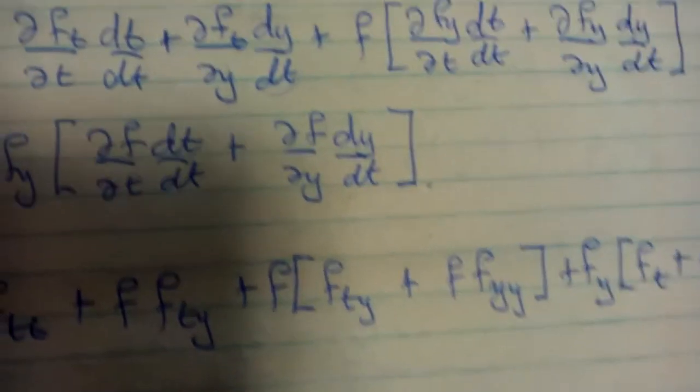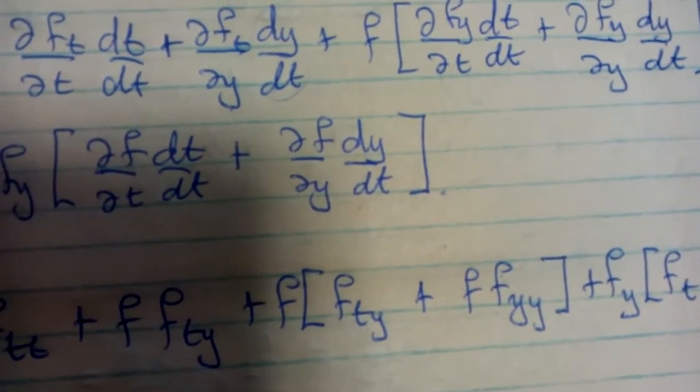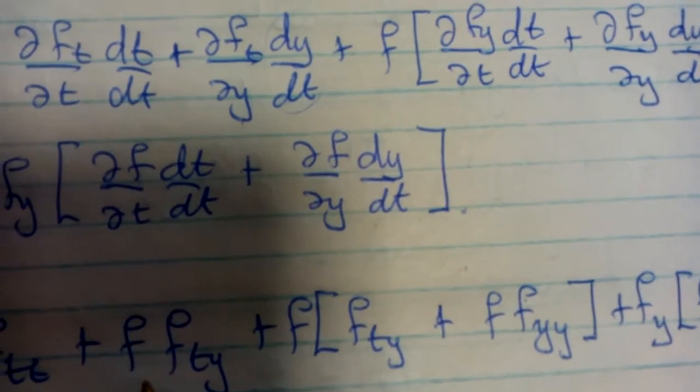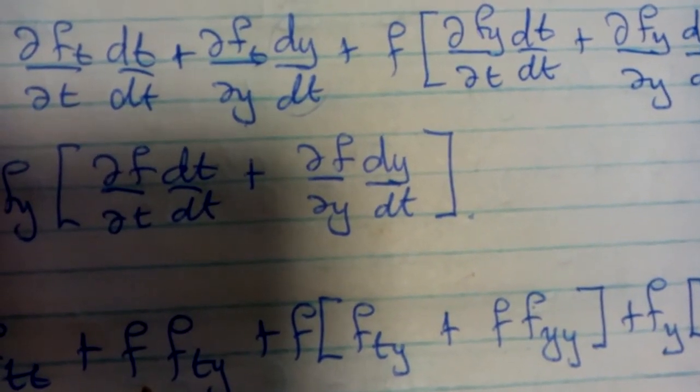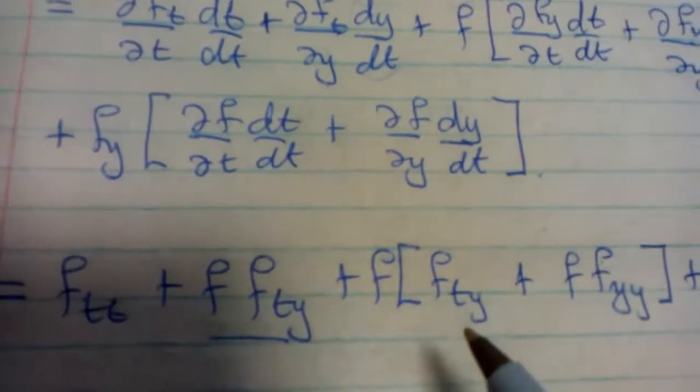Close this bracket here so that this is nothing but f_tt plus this term and this one here.